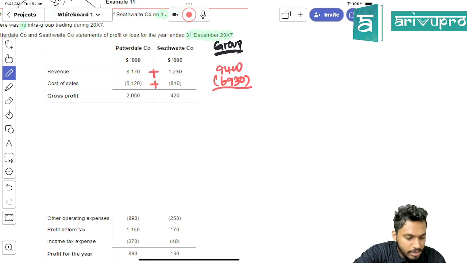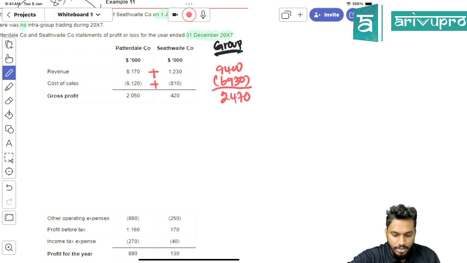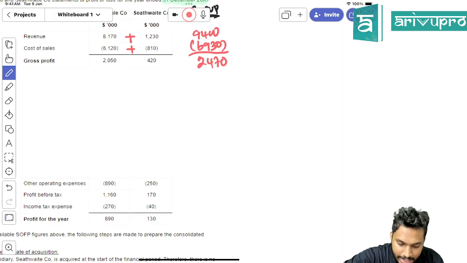So which means your gross profit is going to be 9,400 minus 6,930. It's going to be 2,470. Then you have other operating expenses, add them. That is 890 plus 250. So that is 1,140.